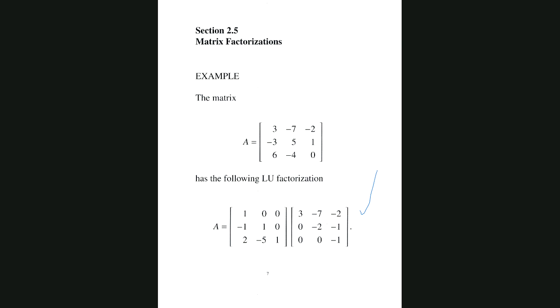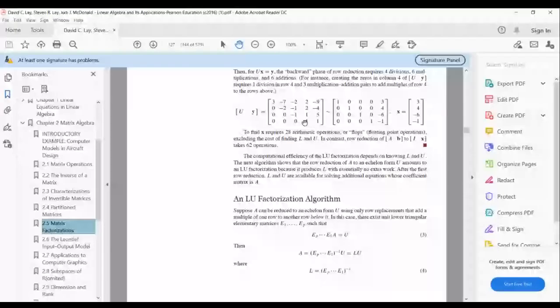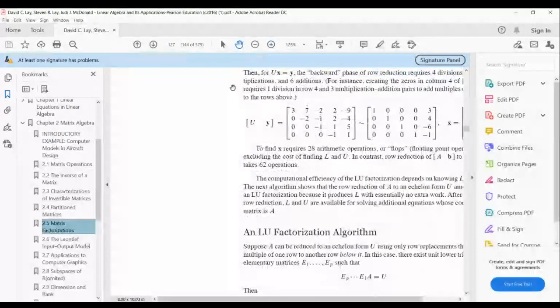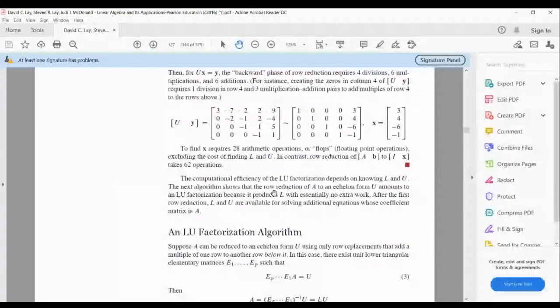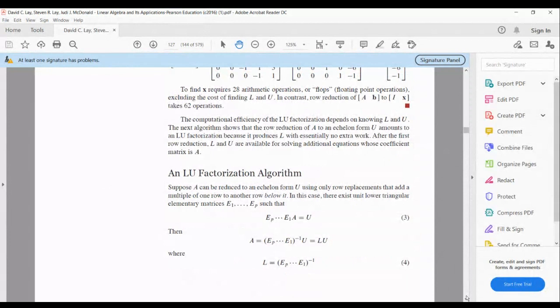I want to show you the following. Let me bring it in from the book. Okay, so this here is the LU factorization algorithm, represented symbolically.